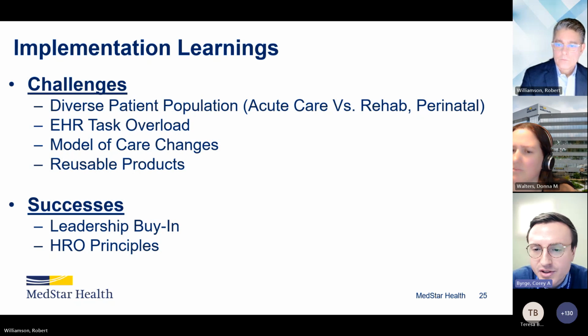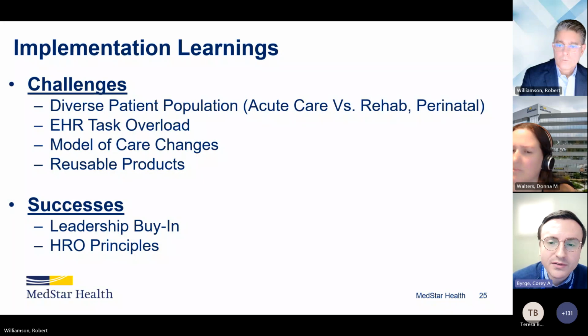A key challenge we continue to address is perceived time constraints related to retrieving and setting up equipment. We found that linking the tool both to the staff member's personal injury prevention and to the risks of immobility on patient outcomes has been helpful in shifting mindsets and improving adoption.